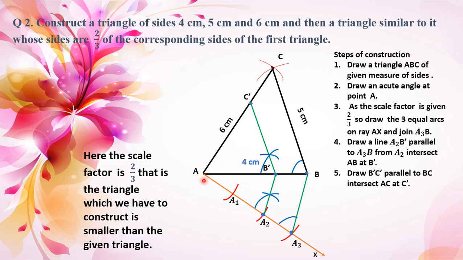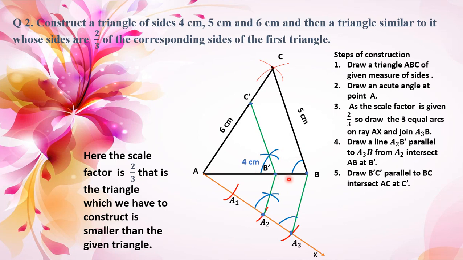So here we get AB dash C dash as the new triangle, where the corresponding sides of the new triangle to the given triangle ABC are 2/3.